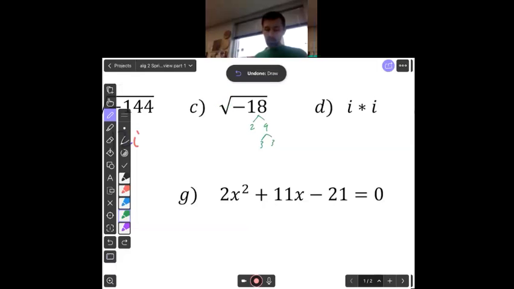So I've got a group of two 3s, then I've got this lonely 2. So the 3 gets to come out because it's got a buddy. The i comes out. 3i radical 2.